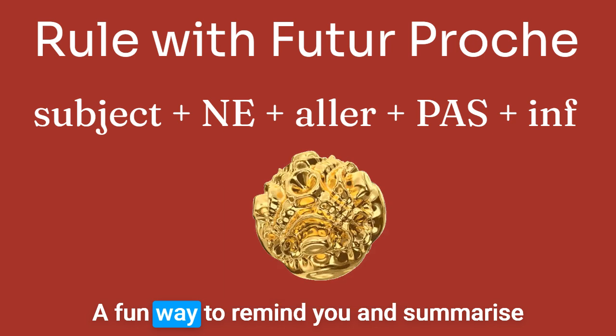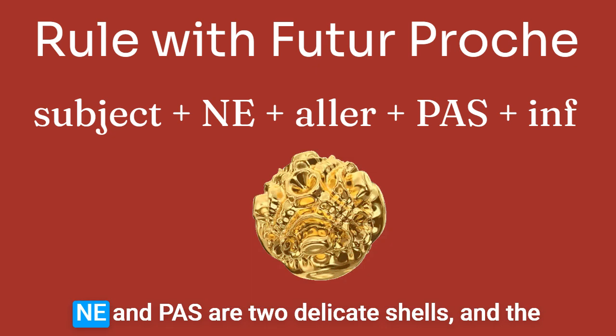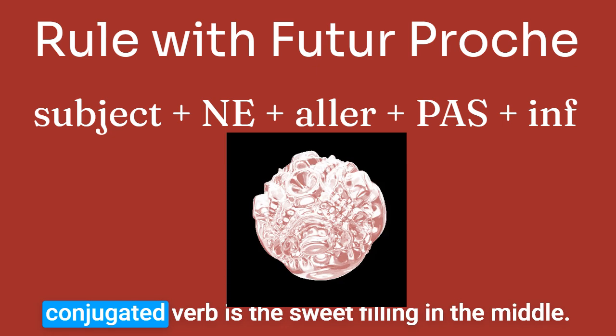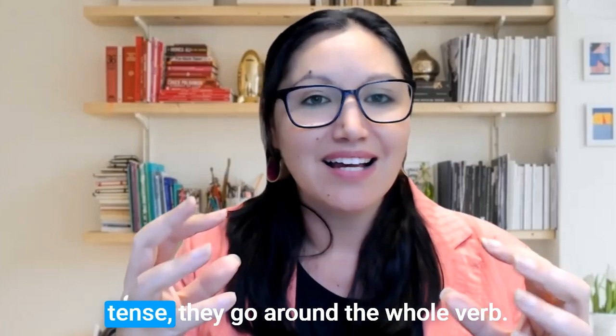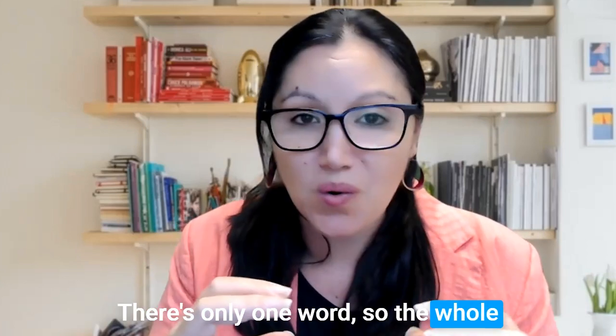A fun way to remind you and summarize these 3 rules is to think of a macaron. Ne and pas are 2 delicate shells, and the conjugated verb is the sweet filling in the middle. So rule number 1, in the case of the present tense, they go around the whole verb. There's only one word, so the whole thing.